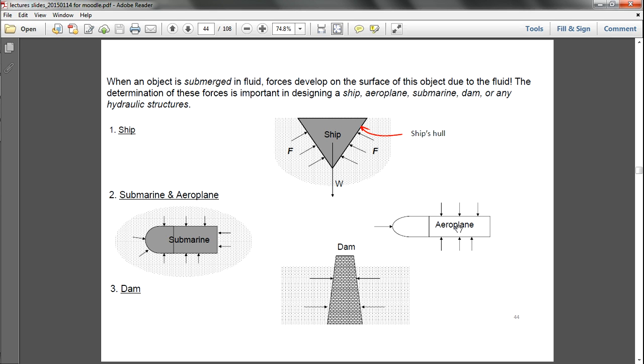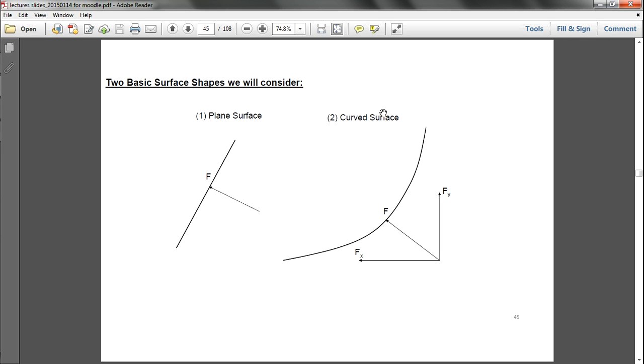Inside of the airplane, as you know, is pressurized, so it's much higher than the pressure outside. So you can say that the aeroplane is submerged inside the atmospheric air itself. This is the key concept: the forces acting on the surface of the object.